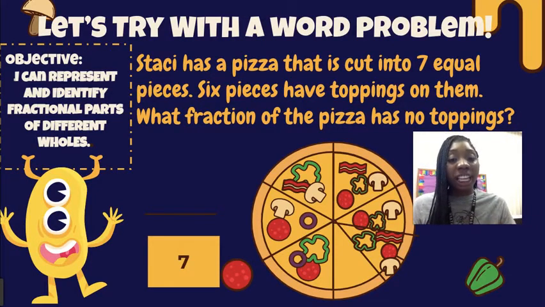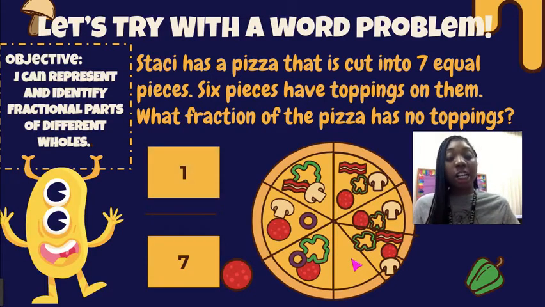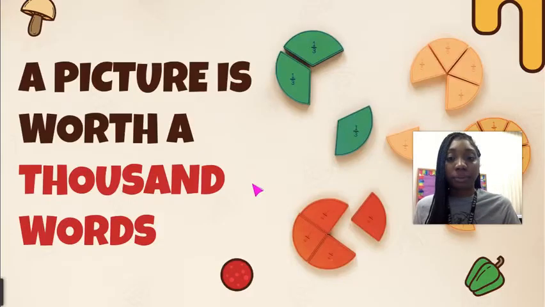If 6 pieces have toppings, I know there is 1 part out of 7 total that doesn't have toppings. So my fraction is 1/7. There's 1/7 of the pizza that does not have any toppings.